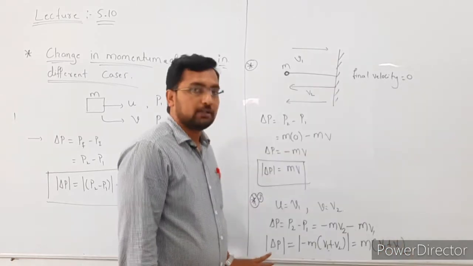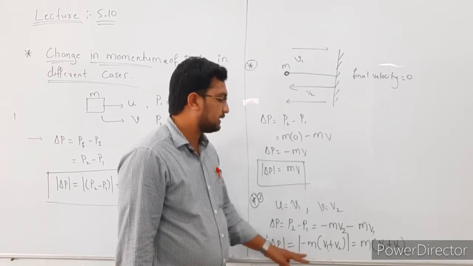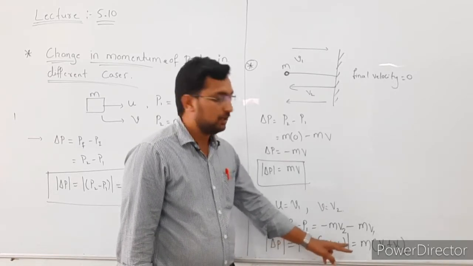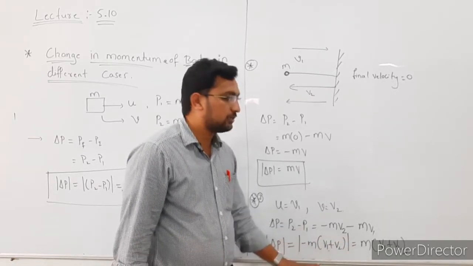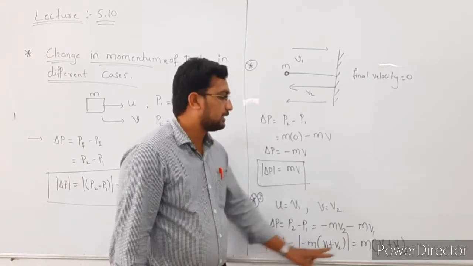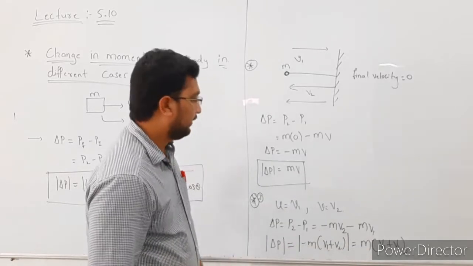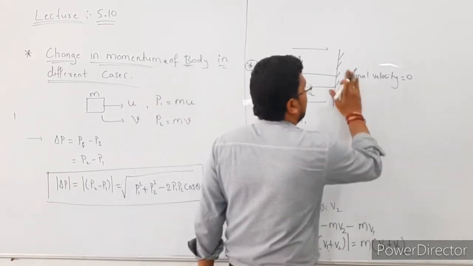The magnitude of this value is always positive. So the change in momentum is equal to m bracket of v1 plus v2.